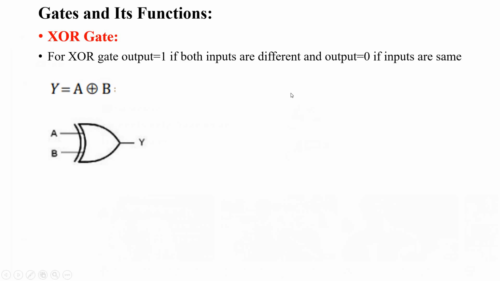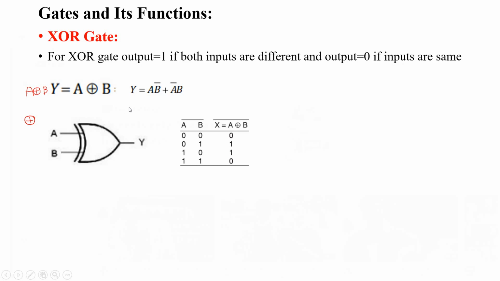A XOR B. The XOR symbol is a plus surrounded by a circle. It is nothing but A B bar plus A bar B. So the circuit is implemented like this, A B bar plus A bar B.